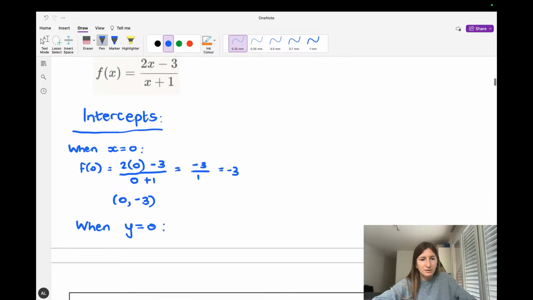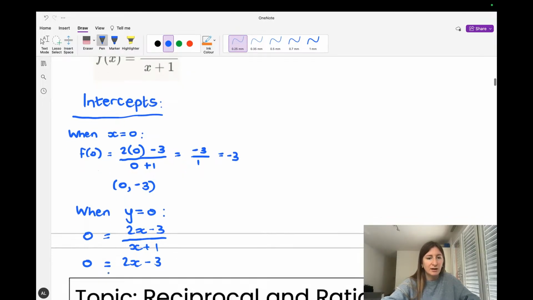Okay, when y equals 0, then I'm going to have 0 equals 2x minus 3, because now my y part was 0. I can multiply it with this x plus 1 on the other side to get rid of the denominator, and it's just going to multiply by 0. So we're going to be left with 0 equals 2x minus 3. And now it's a much easier equation to solve. So that is 2x equals 3. So x equals 3 over 2, or 1.5.